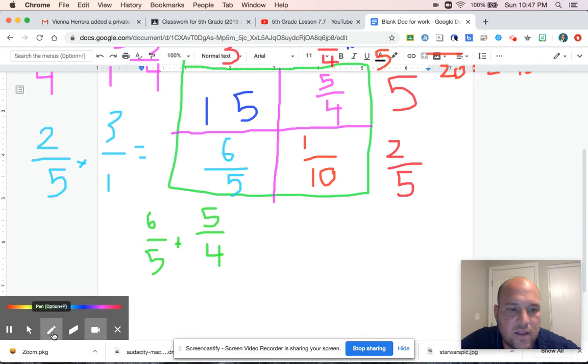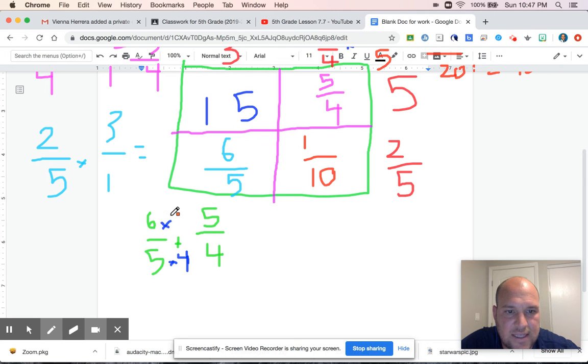In order to get this to be easy for me to add, I gotta find a common denominator. If I don't know one, I'll just multiply the denominators times each other. So 5, I'll multiply times 4, and 4, I'll multiply times 5. If I do it to the bottom, gotta do it to the top. Like I said, let's multiply them by each other, and you'll get the same denominator every time.